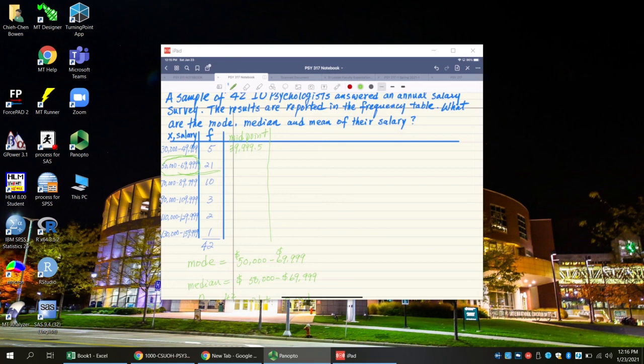And we continue to calculate the midpoint for the next one. 50,000 plus 69,999 divided by 2, and that is 59,999.5. Okay, and the next one is 79,999.5.